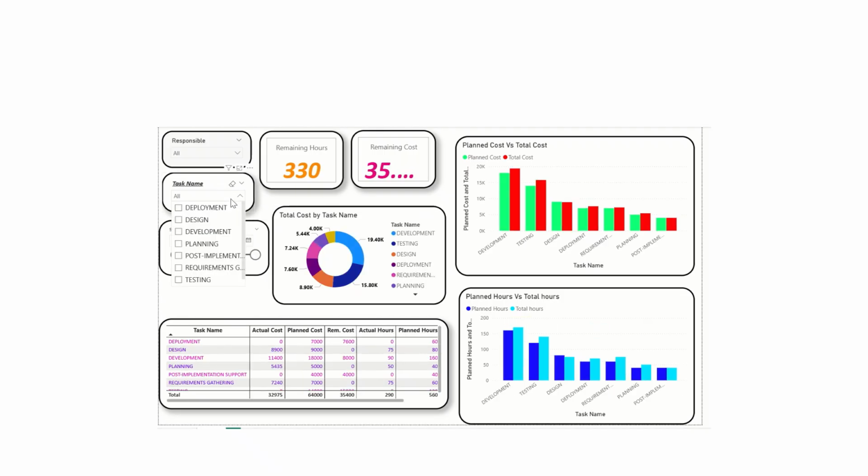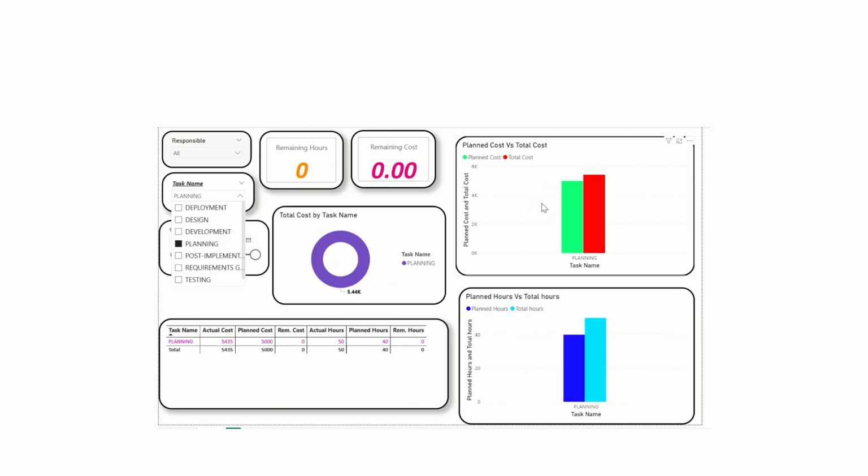Okay, now we can filter by task. For planning, we can see that the plan cost was 5,000 and the total cost is 5,435, which means that the actual cost of the project was greater than the plan cost, which can end up causing some financial issues later on.